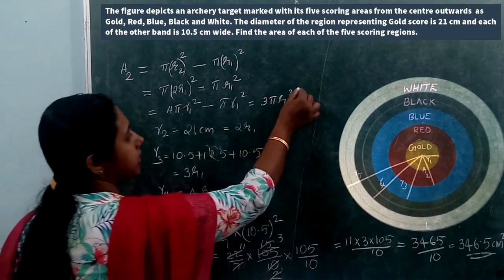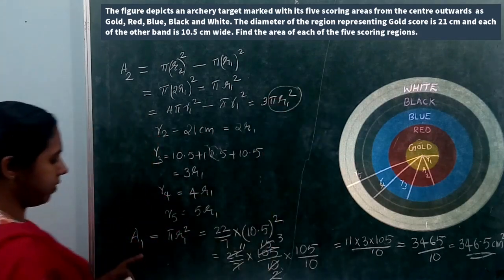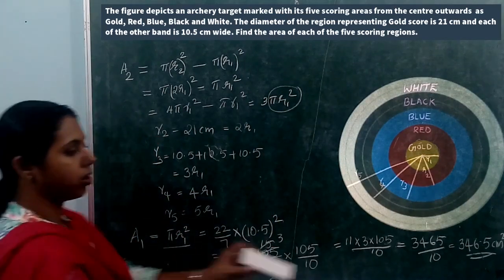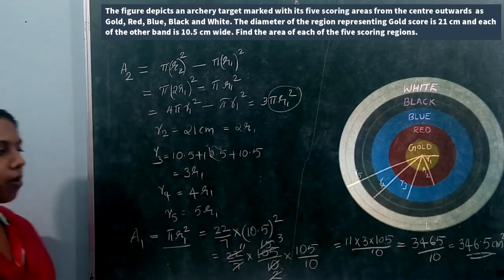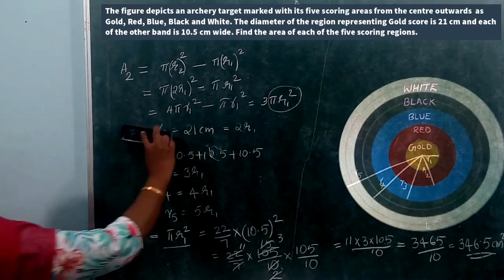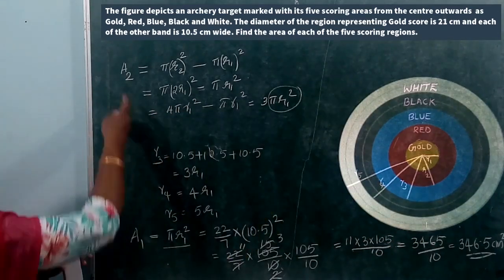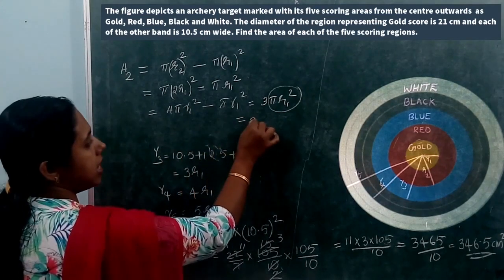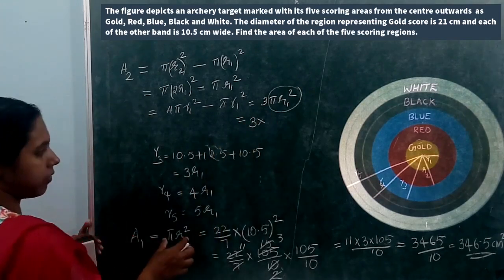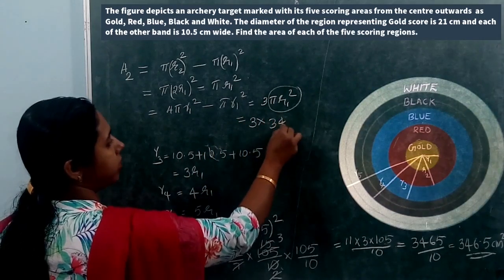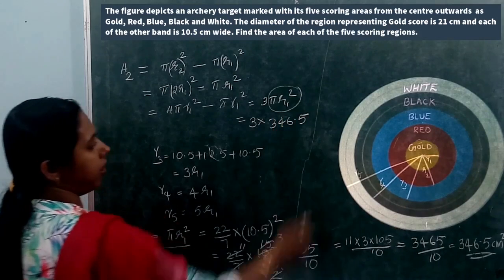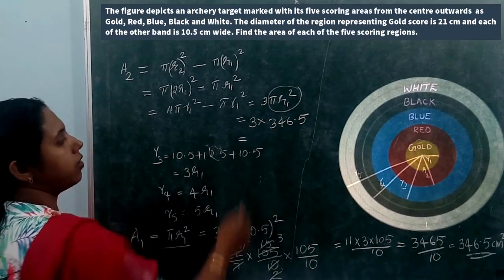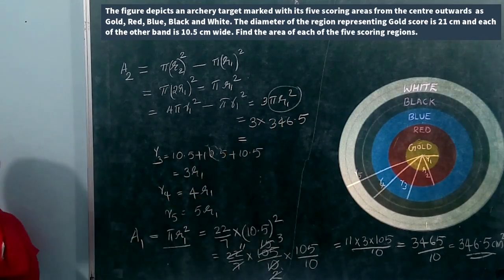We know that what is pi r1 square, that we find out. Pi r1 square, we got it 346.5. So very easily we can find the area of the red region, that is equal to 3 into the value of pi r1 square, which is 346.5. So when you multiply, you will get the area of this red region.